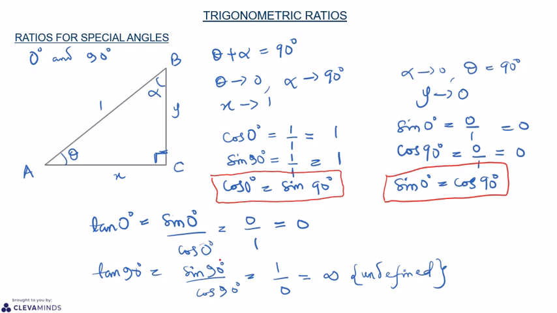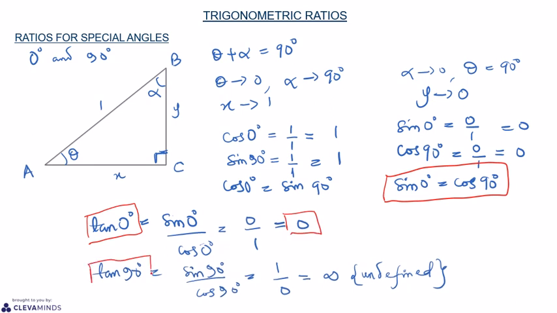Good. Tan 0 is 0, and tan 90 is undefined. So here is how to go about ratios for special angles in a right angle triangle for 0 degrees to 90 degrees.